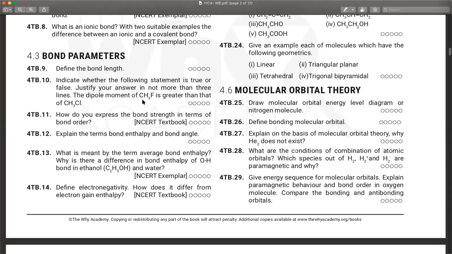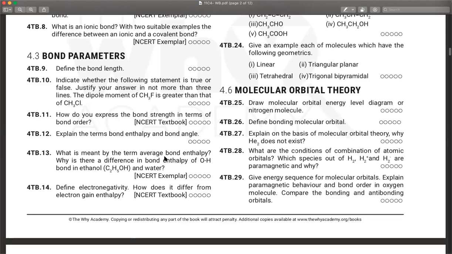Dipole moment of CH3F is greater than that of CH3Cl. It's true. And justify: F is more electronegative than Cl.